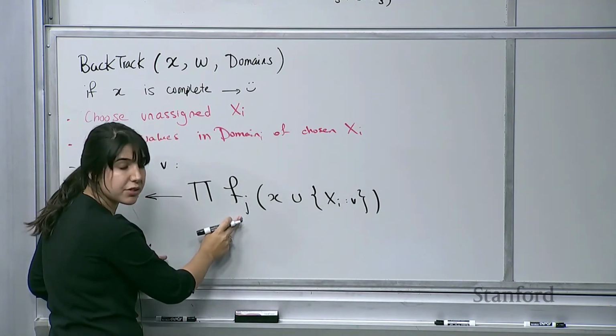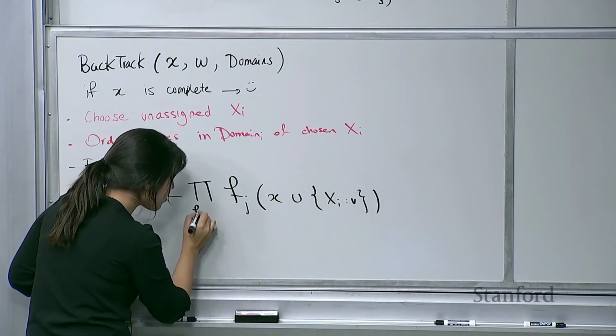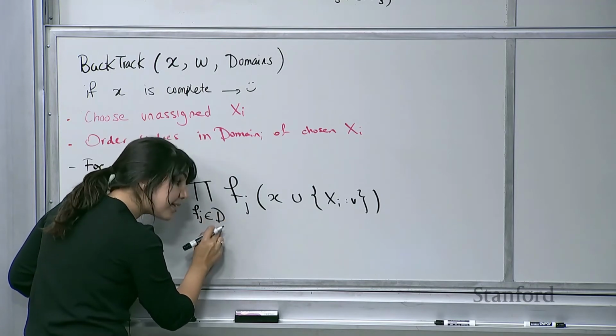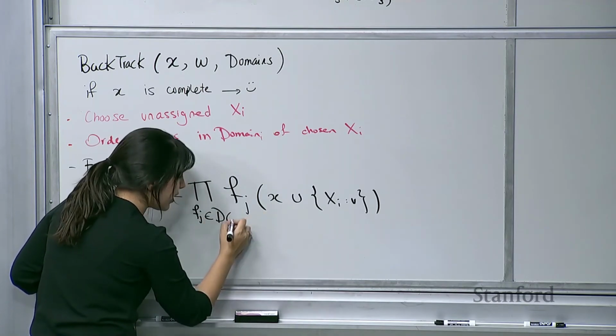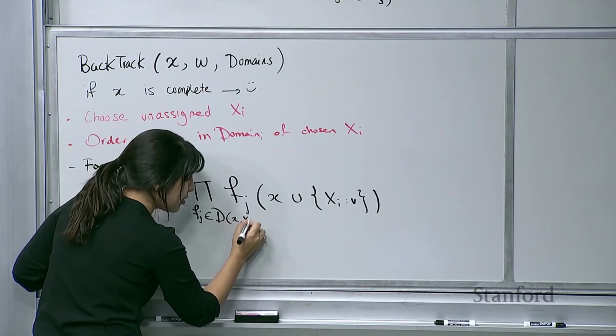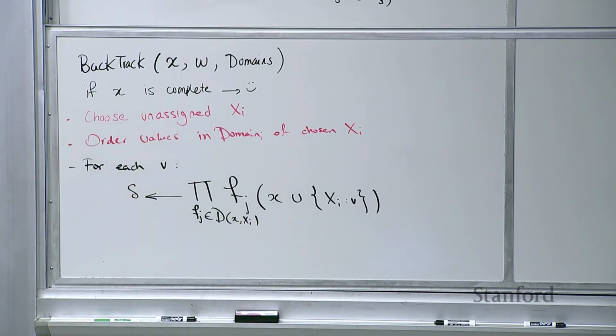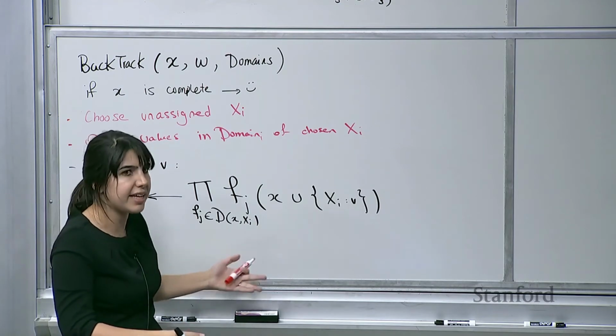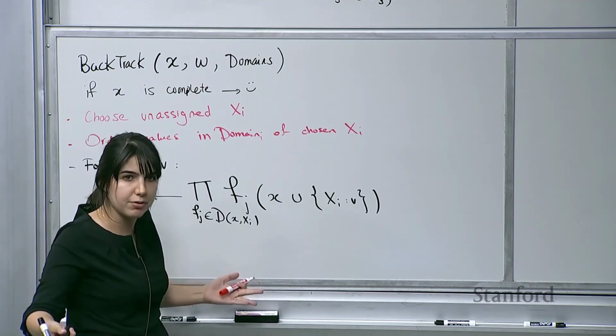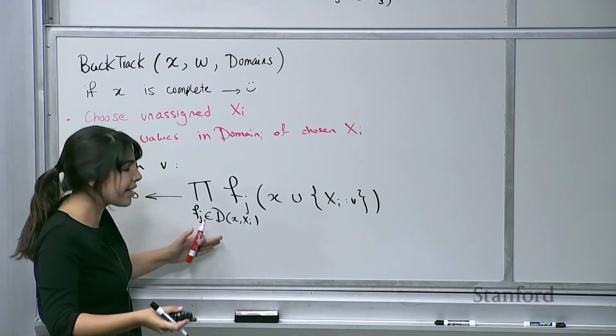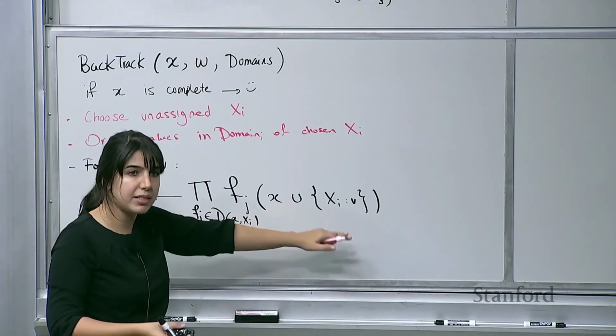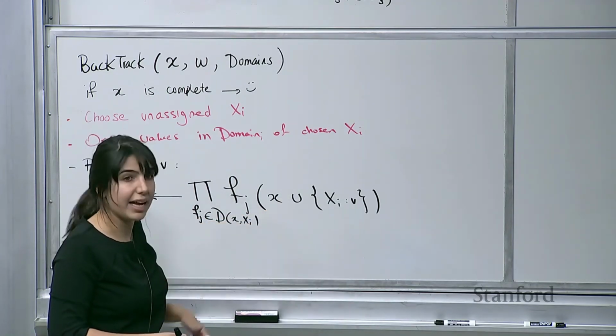And what are these fj's that you're looking at? Well, these fj's are going to be the fj's that are in the dependent factors of the partial assignment and your variable. That's why we defined dependent factors, because these are the factors that we care about. I'm not going to look at Tasmania if I'm not looking at that part of the graph. I'm just going to look at the things that depend on my current partial assignment and my xi.